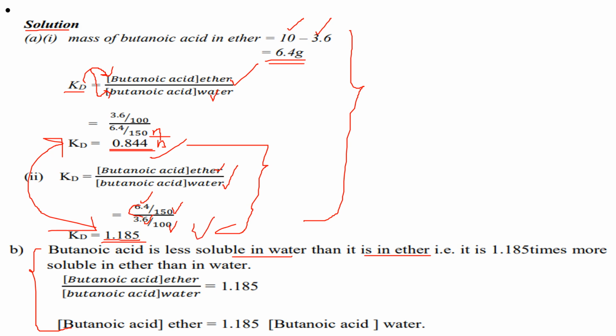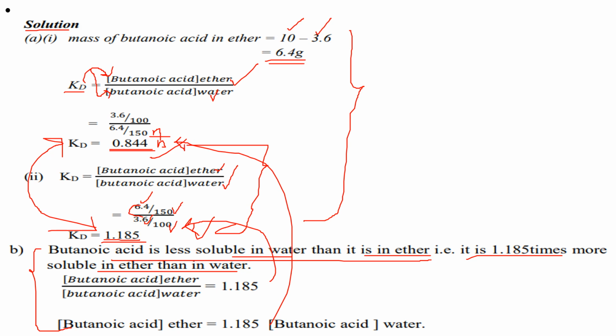And we are saying that butanoic acid is less soluble in water than it is in ether, and the reason for that, we shall say that this is because it is 1.185 times more soluble in ether than water, like we have compared these results that you have got here. But you are going to look more at these explanations as we go on with the video.